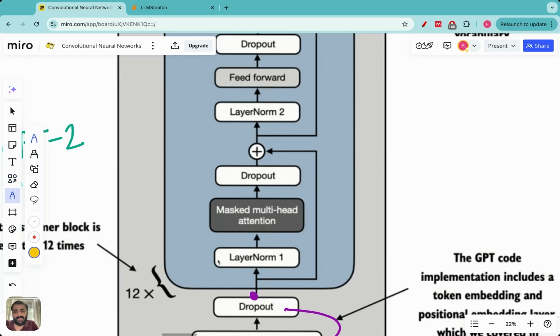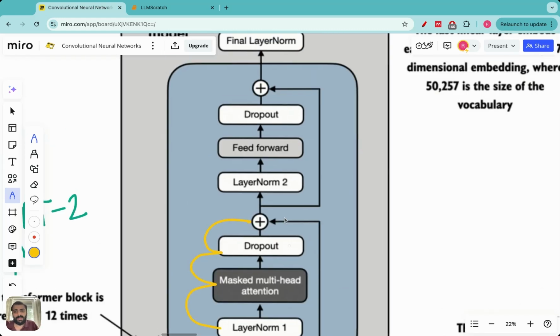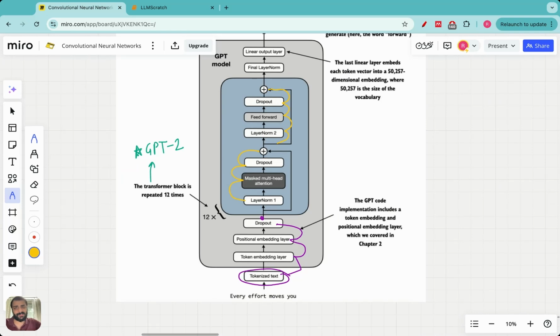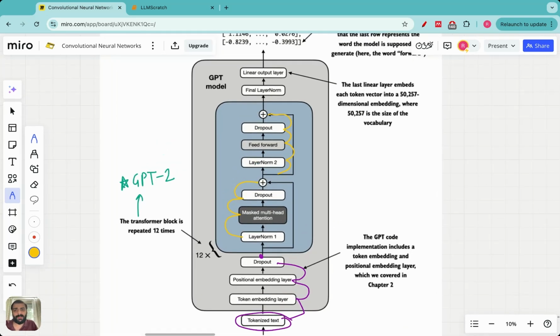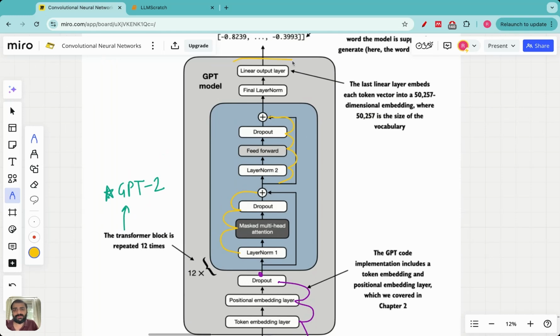We start out with the layer norm, we go to the multi-head attention, we go to the dropout, we have the shortcut connection. That's the first block. Then we have again the layer normalization, the feed forward neural network, the dropout, and then the last shortcut. So there are 8 different steps here, which were the same 8 different steps we implemented in the visual flow map. And now there are the final 2 steps which are remaining.